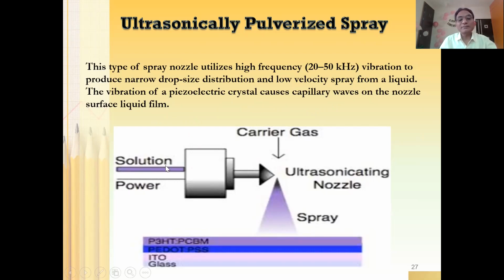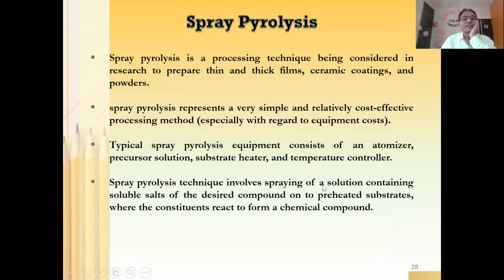So what happens actually, because of some mechanical arrangement, the solution is going to be brought back to the end of the surface of this nozzle, and by some ultrasonic power, of course we need a vacuum pump as well. This liquid is going to be sprayed on the substrate, and accordingly the thin film can be deposited.